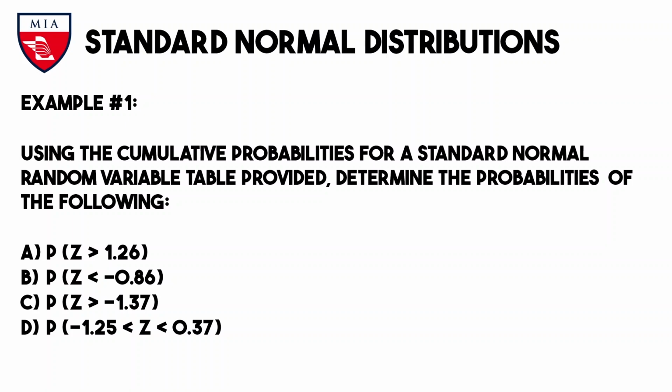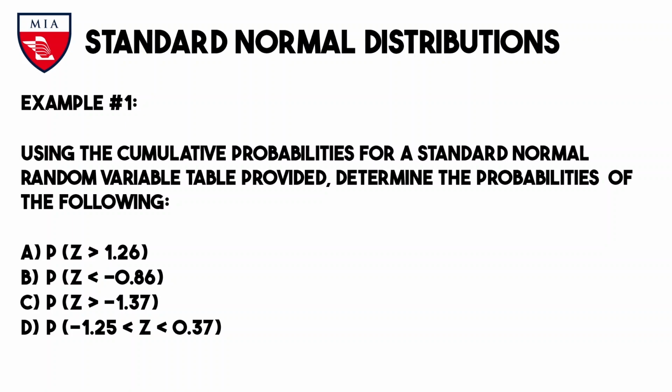So we have example number 1 here. Using the cumulative probabilities for a standard normal random variable table provided, determine the probabilities of the following. A is the probability of Z greater than 1.26. Letter B, probability of Z less than negative 0.86.